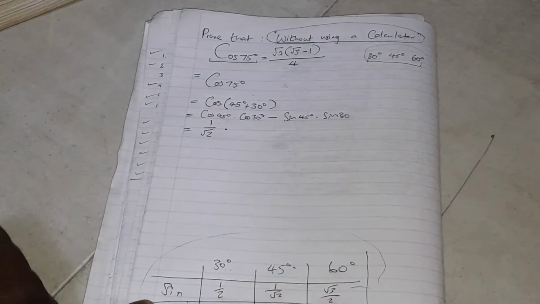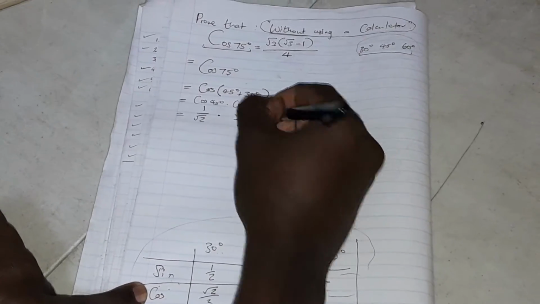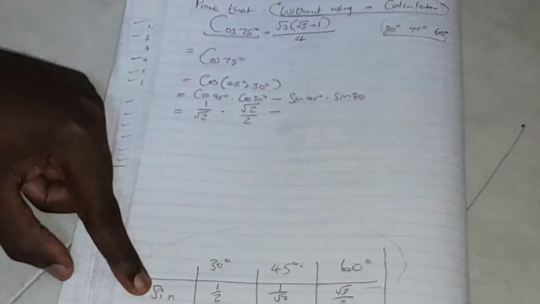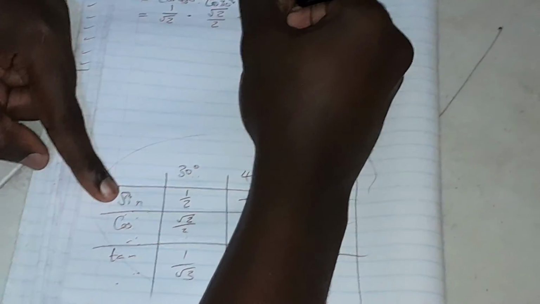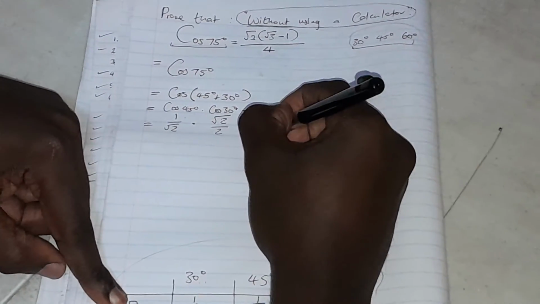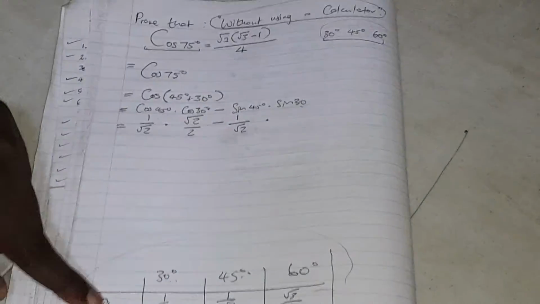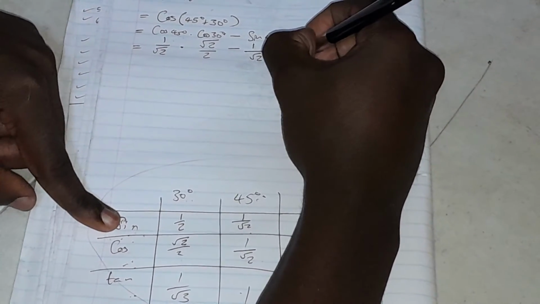Cos 30 gives us square root 2 over 2 minus sine 45 degrees. Sine 45 degrees gives me 1 over square root 2 multiplied by sine 30. Sine 30 gives me a value of half.